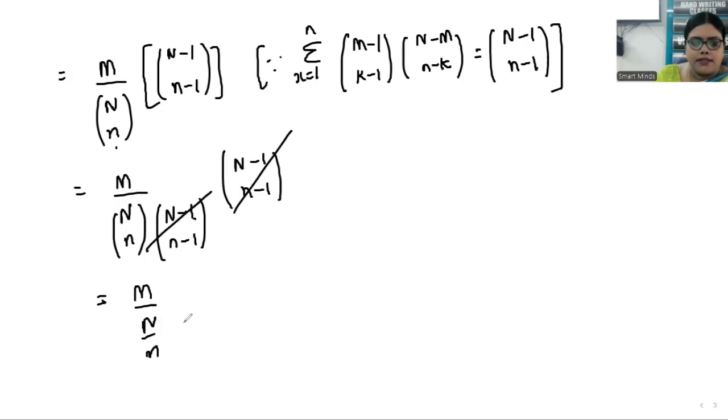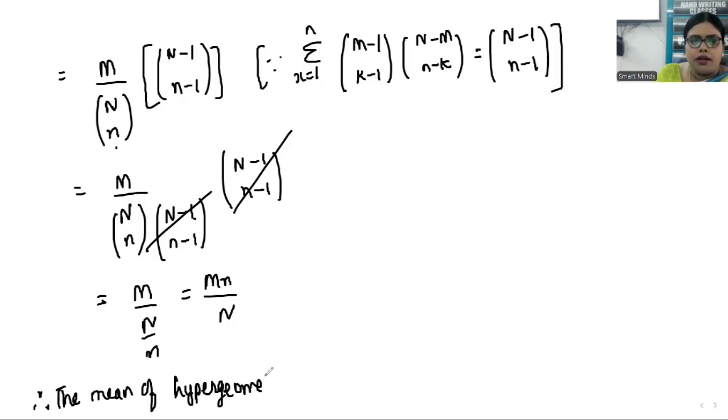This and this get cancelled. That is mn by N. Therefore, the mean of hypergeometric distribution is mn by N.